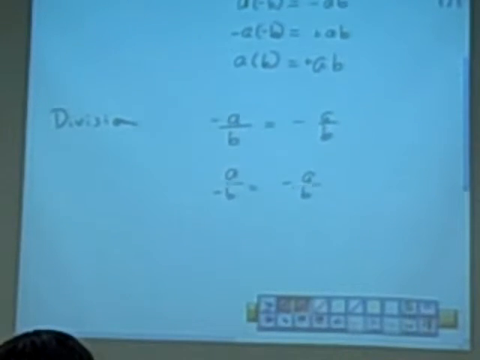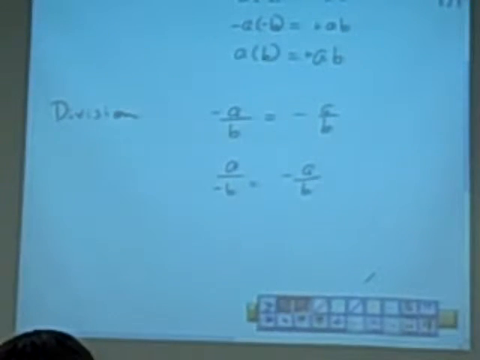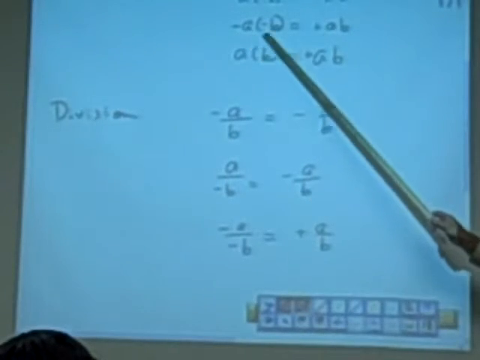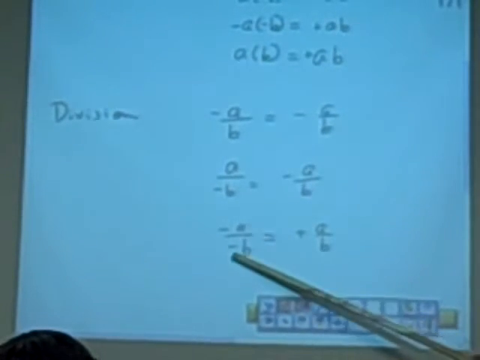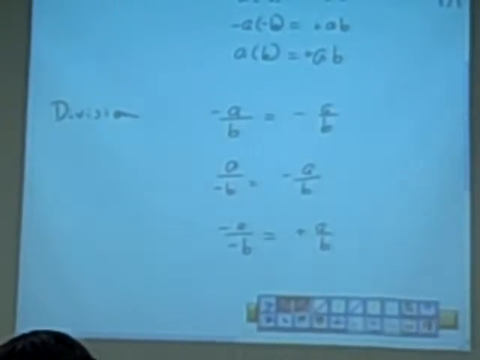Again, you put the negative up in the numerator, you can't leave it in the denominator because that's not simplified completely. And if we have a negative a over a negative b, those negatives cancel, and we get a positive a over b. Just like when we multiply a negative times a negative, we got a positive. When we have negative divided by negative, we have a positive.